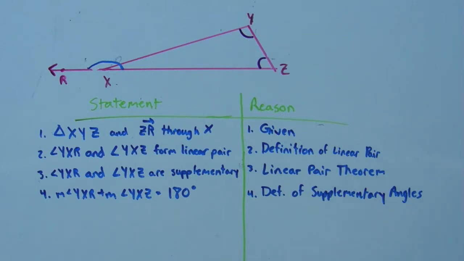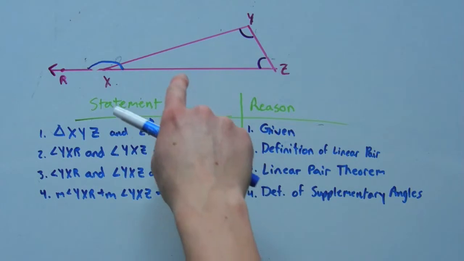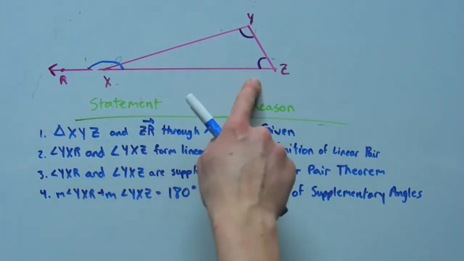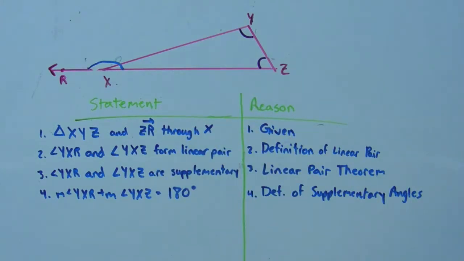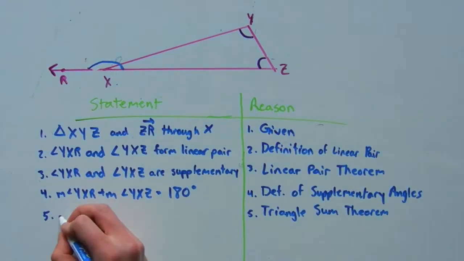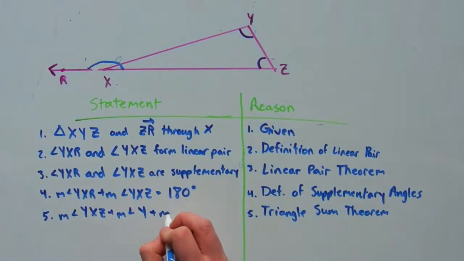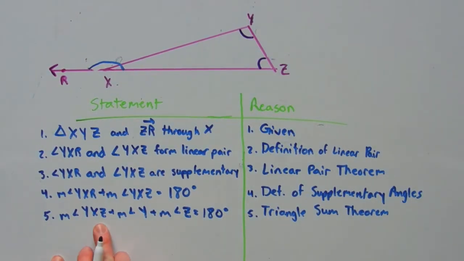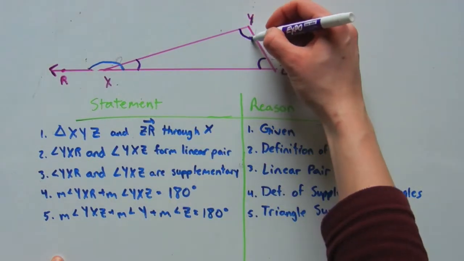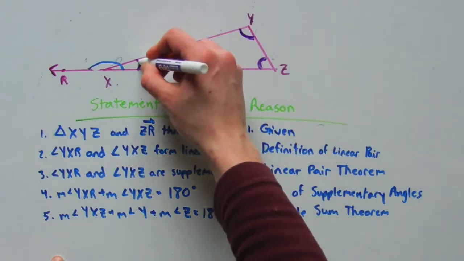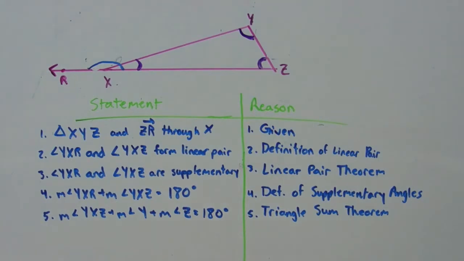Now if you remember, the Triangle Sum Theorem says that angle Y, angle Z, and angle YXZ should all add up to 180 degrees. So we have that the measure of YXZ plus the measure of Y plus the measure of Z equals 180 degrees.